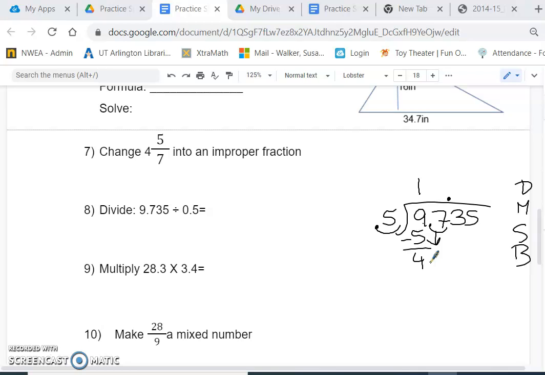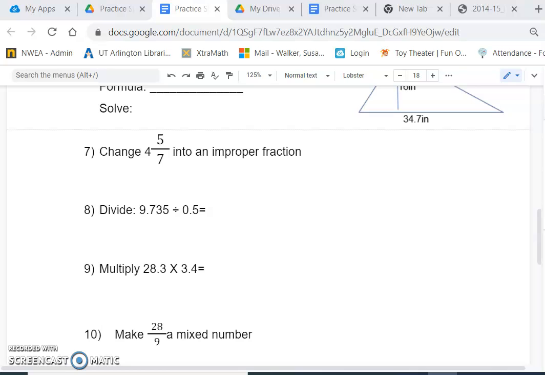Now, number 9, multiply. I'm going to erase this just for the sake of room and making sure y'all can see it neatly. 28.3 times 3.4. This happens to line up, okay? So remember, you're going to do 4 times 3, 4 times 8, 4 times 2.